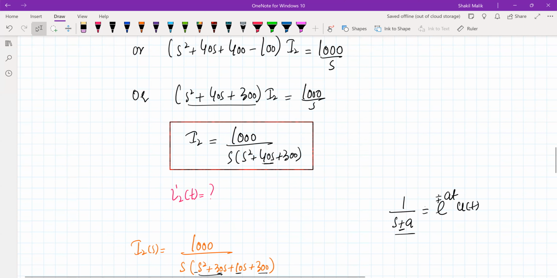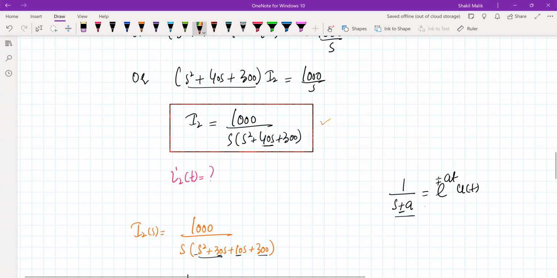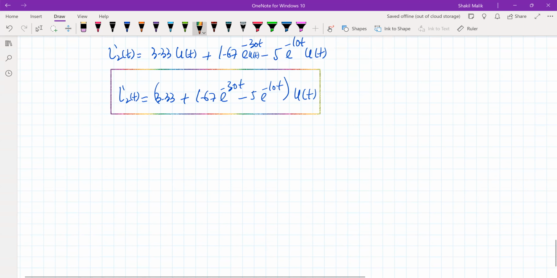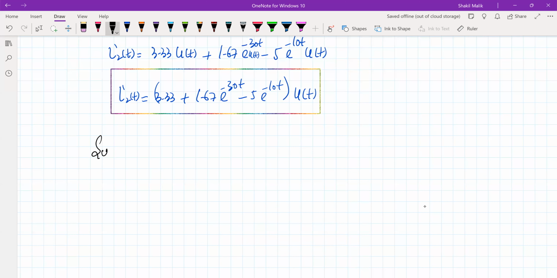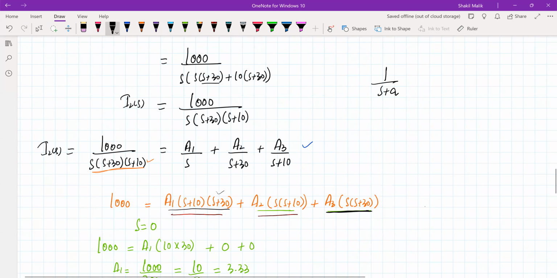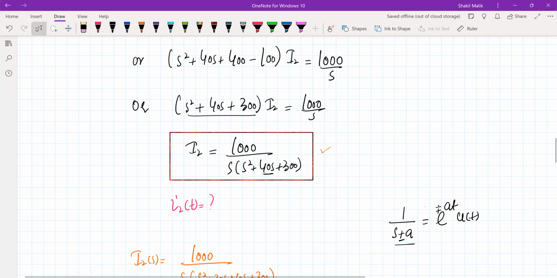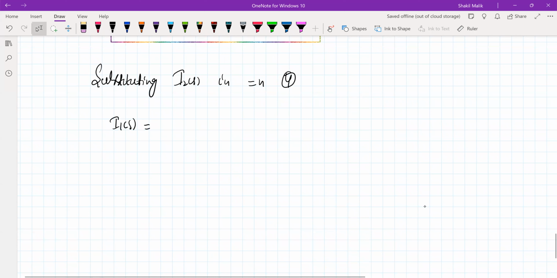So substituting the value of I2 of S in equation 4, we'll get I1 of S as S plus 20 divided by 10 times I2.